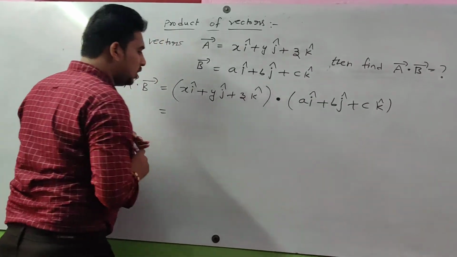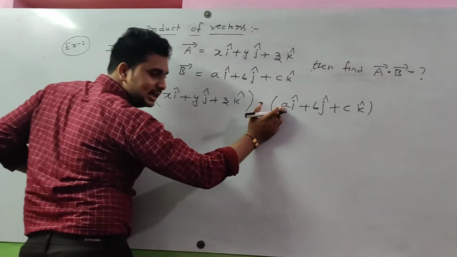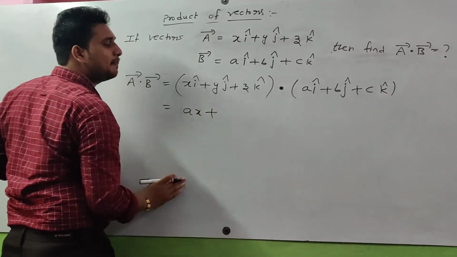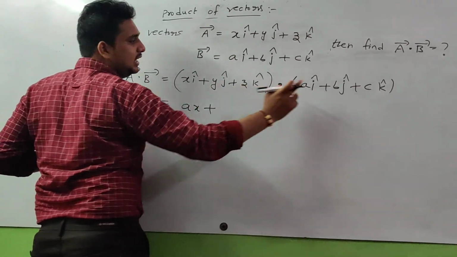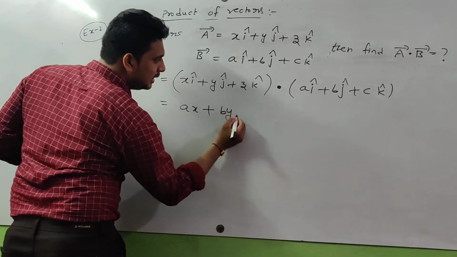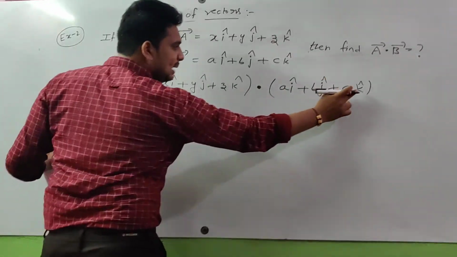We multiply. So that means here the coefficient of i bar is x, and here the coefficient of i bar is a. Then multiply a into x, ax, plus y into b, because j bar coefficient is y here and j bar coefficient is b here, y into b, by, plus here k bar coefficient is z and here k bar coefficient is c.